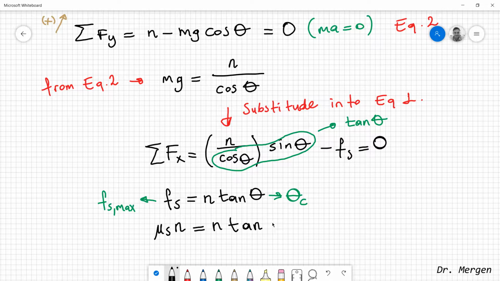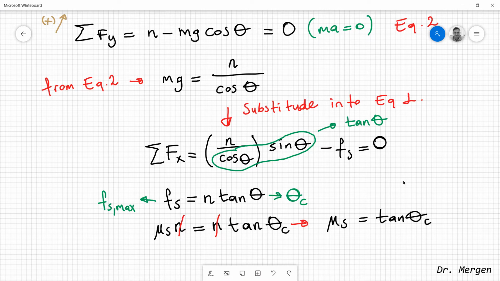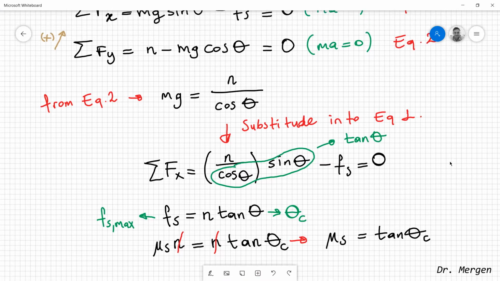But this time, I'm going to write theta sub c instead of theta to designate that this angle is the critical angle. The N's will cancel out, and here we obtain the static friction coefficient: mu sub s is equal to tangent theta critical. So these were the basics of friction force analysis.